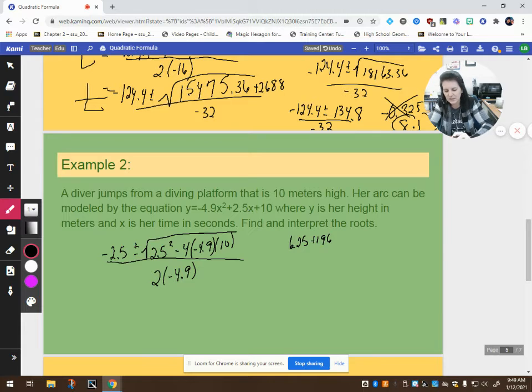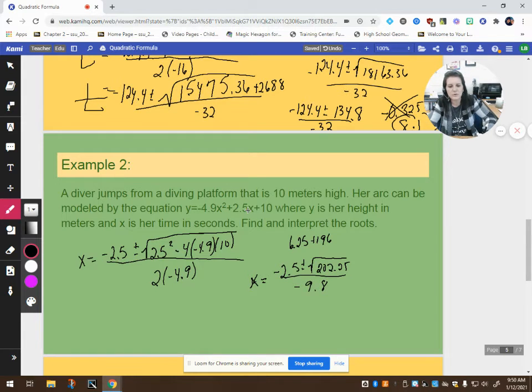We'll add that to my 6.25, and I get 202.25. So I've got negative 2.5 plus or minus the square root of 202.25, all over negative 4.9 times 2, which is negative 9.8. This is going to give us our values of x when y equals 0.